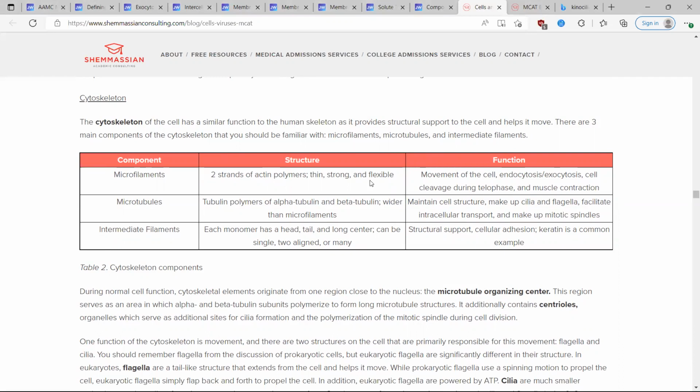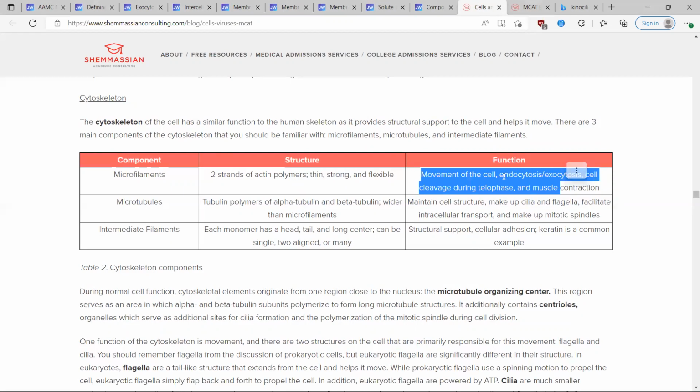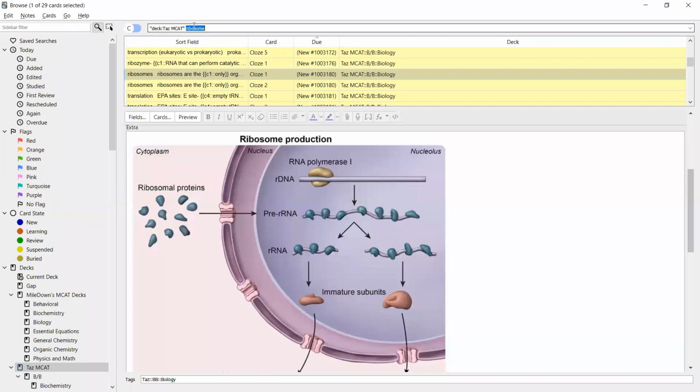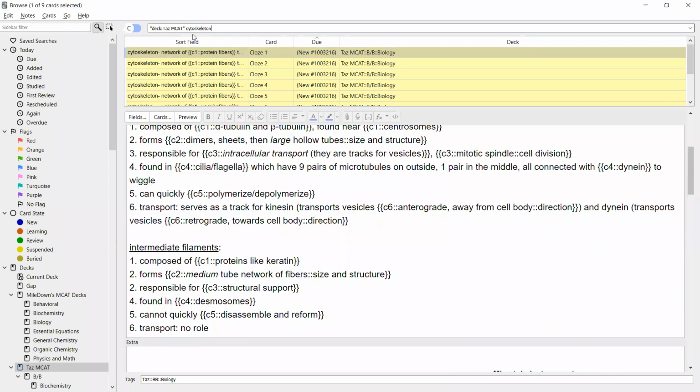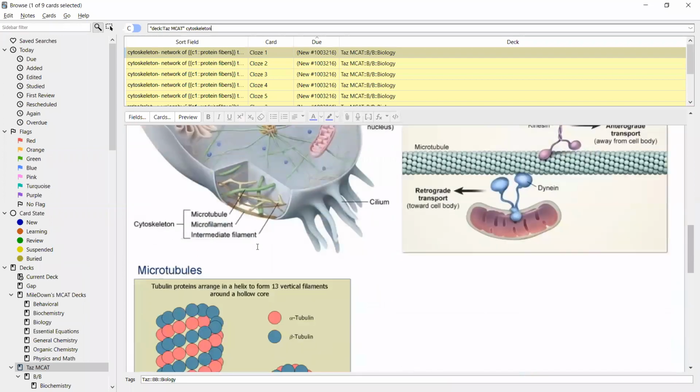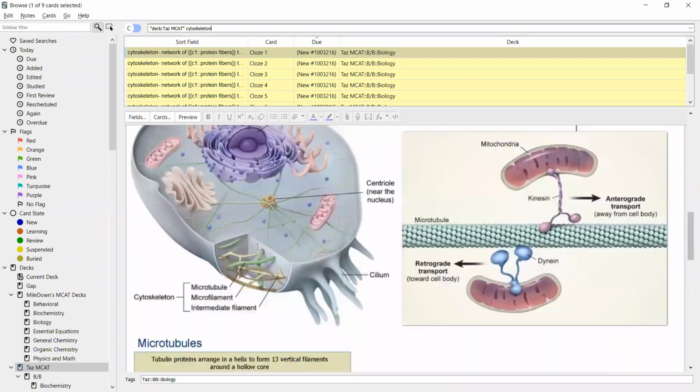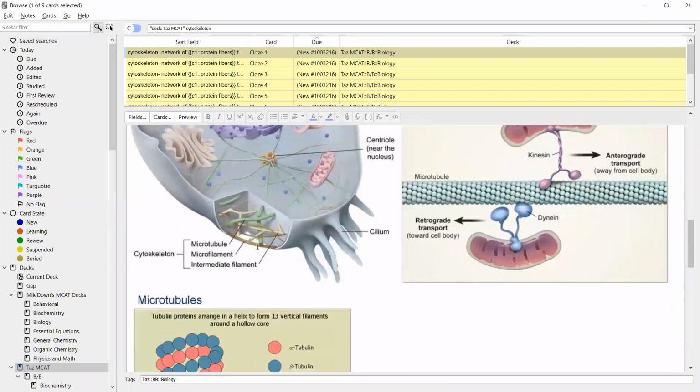Actin, microfilaments help with the movement of the cell, endocytosis and exocytosis, cleavage, and muscle contraction. So these guys are the reason that this works this way. I'll show you here, microfilaments or cytoskeleton. Yeah, this is a good picture.